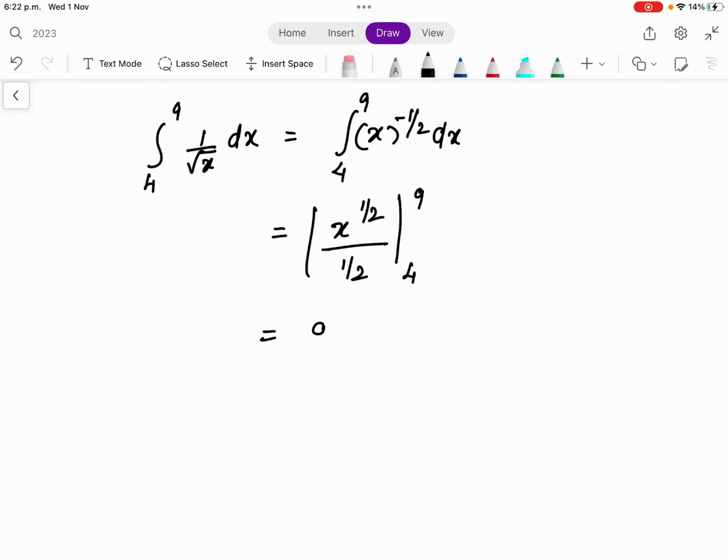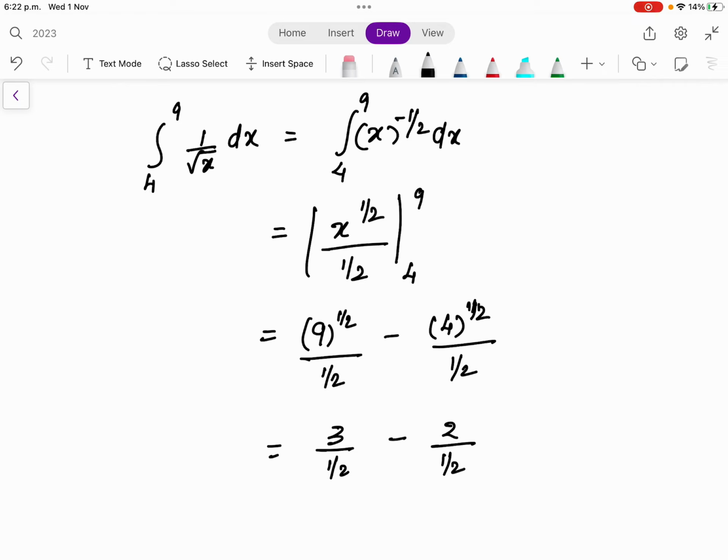Then you apply the limits: 9 to the power of 1 over 2 over 1 over 2 minus 4 to the power of 1 over 2 over 1 over 2. We know that 9 to the power of 1 over 2 is the square root of 9, which is 3, over 1 over 2, minus 2 over 1 over 2, which is nothing but 2 times 3 minus 2 times 2, which is equal to 2.